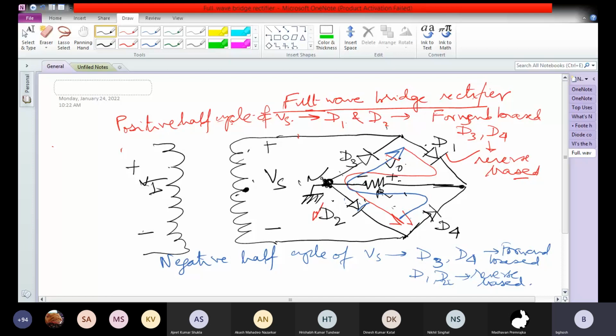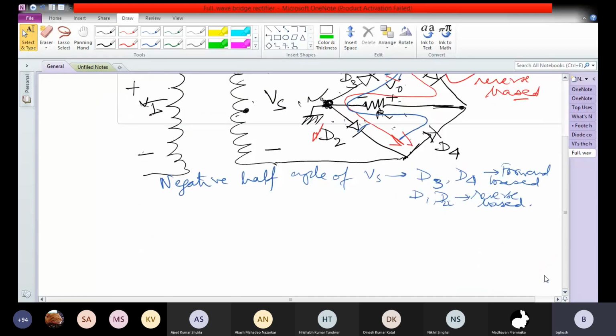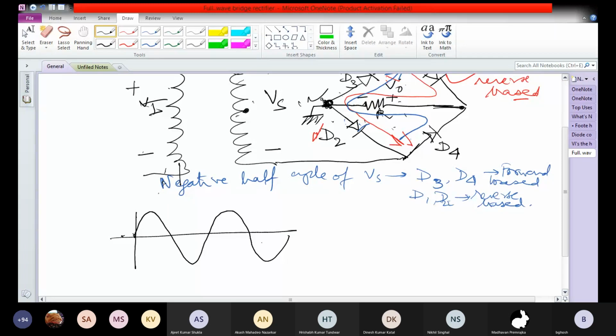So if I draw the voltage versus current characteristic, if this is my input waveform and this is minus Vs, the solid line is plus Vs. So this will be my output voltage V naught, and Vs minus V naught, this gap, will be twice V gamma.